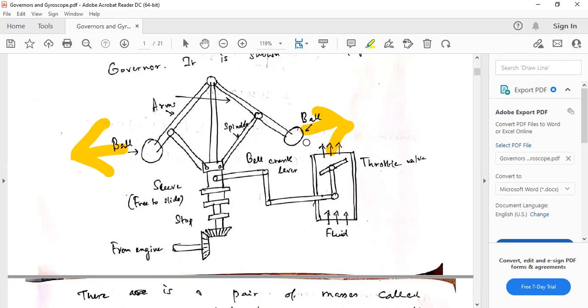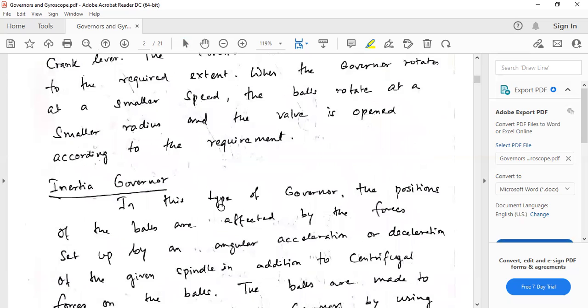Additionally, centrifugal force is there, and this spindle is also rotating. The spindles will also cause some kind of force, and this causes the sleeve to lift again. The balls causing sleeve lift is okay, but when there is additional sleeve lift because of the spindle movement, we call it an inertia governor.